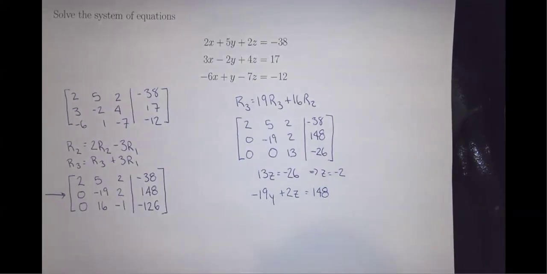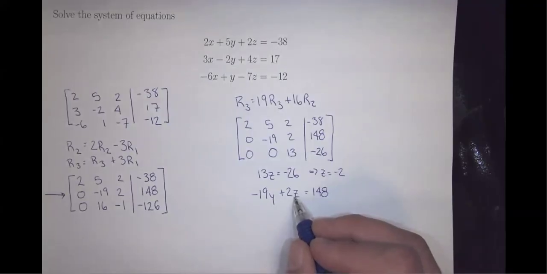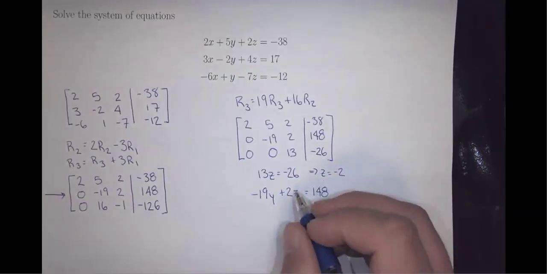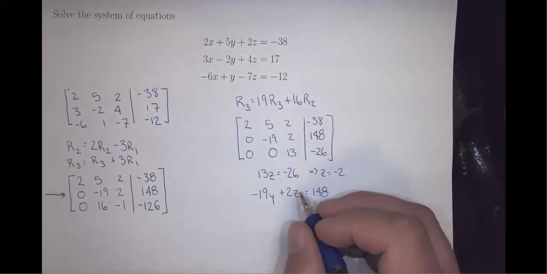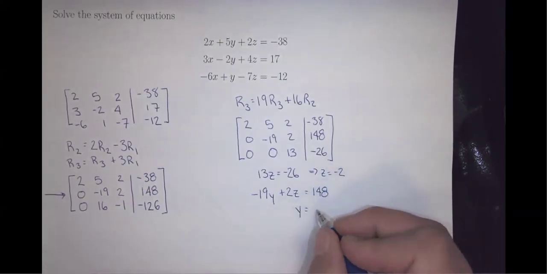And so when we plug in z equals negative 2, we end up with negative 4 here. Bring it over, we get positive 4. And so when we divide, we should have y equal to negative 8.